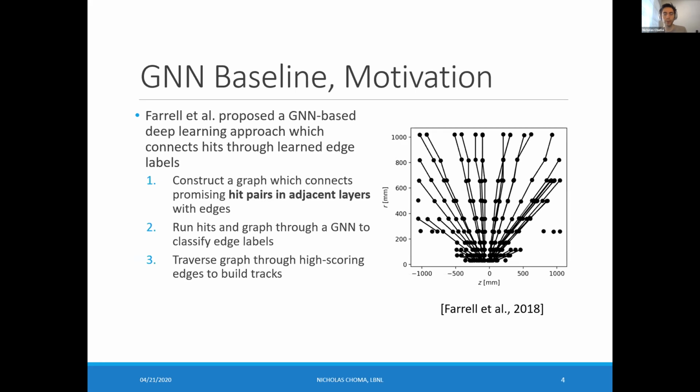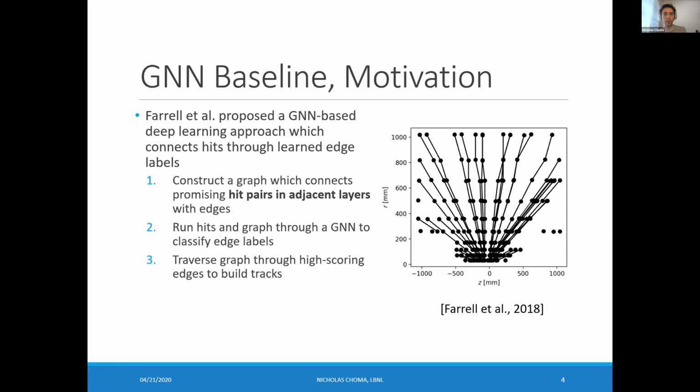Another baseline that we look at is my colleague Steve Farrell's early work in GNN-based tracking. Here you ultimately want to use a graph neural network to do edge classification, and the hope is to end up with a set of edges that only connect hits that belong to the same tracks.